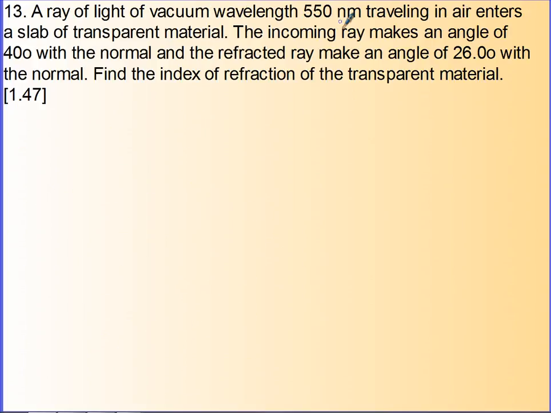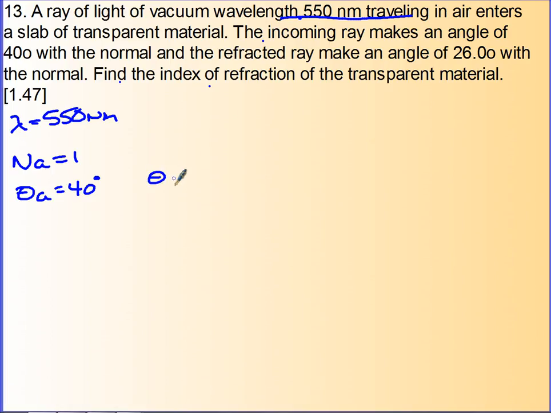A ray of light in a vacuum has a wavelength of 550 nanometers. Just going to write it down. In air. All right, so we know the index of refraction of air is 1. Enters a slab of transparent material. The incoming ray makes an angle of 40 degrees with the normal, and the refracted ray, let's just call this theta 2, is 26 degrees.